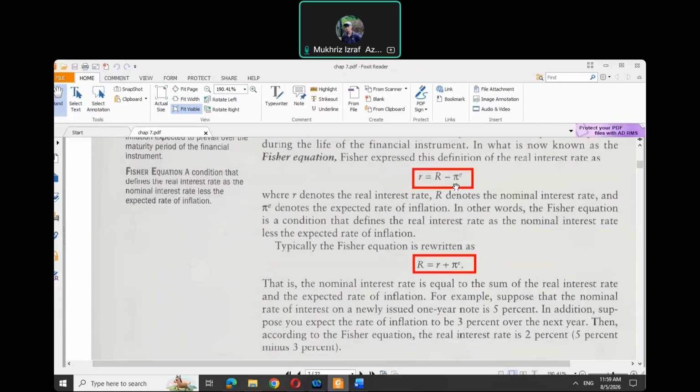I think the concept of real price is quite common, especially for economics students. For example, real price is the nominal price level minus the CPI index or the inflation rate. So the same goes with real interest rate: it is the nominal interest rate minus the expected inflation.